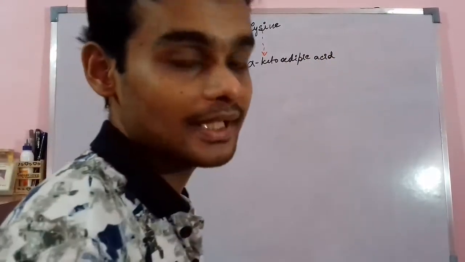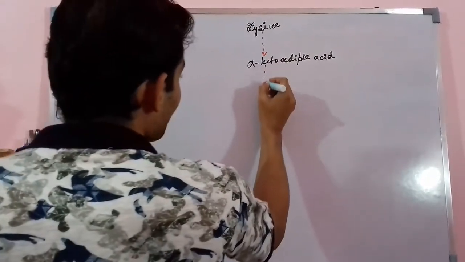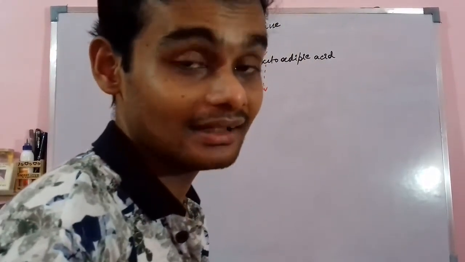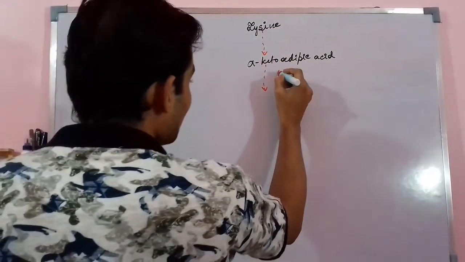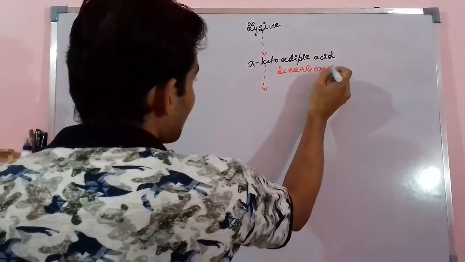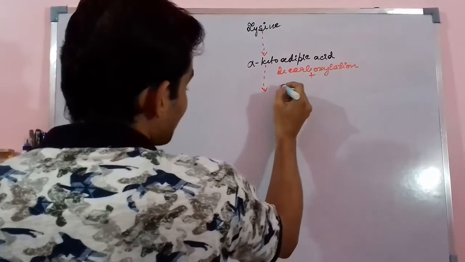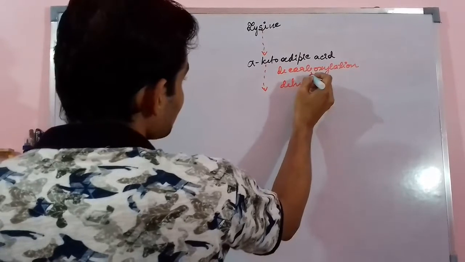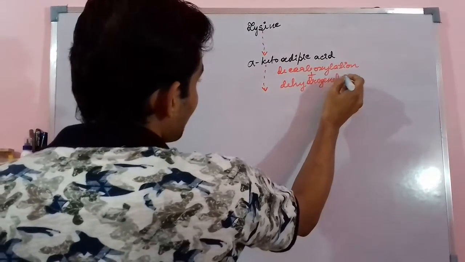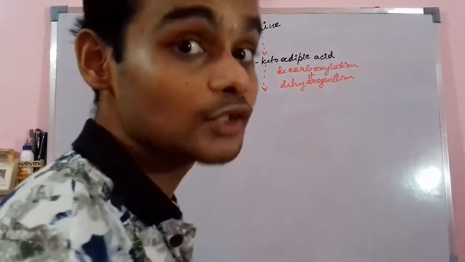Now this alpha ketoadipic acid, along with simultaneous decarboxylation and dehydrogenation, gives rise to what? Glutaryl-CoA.